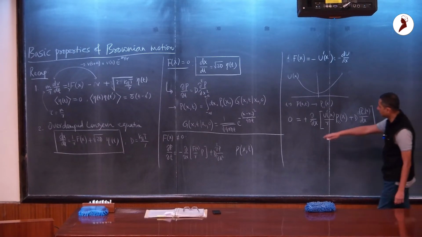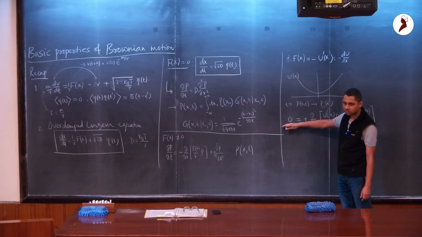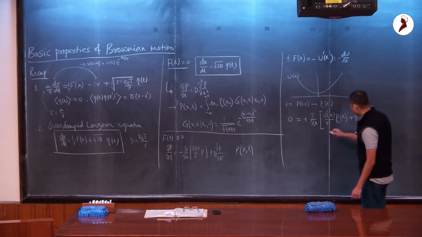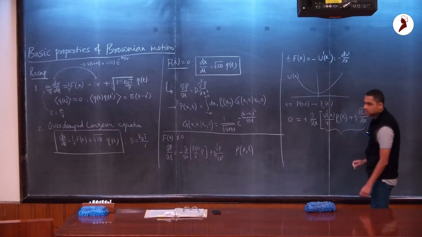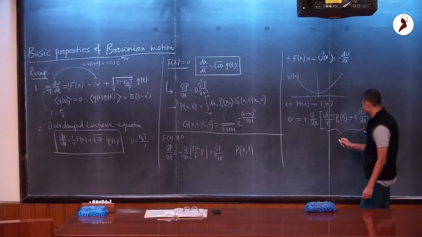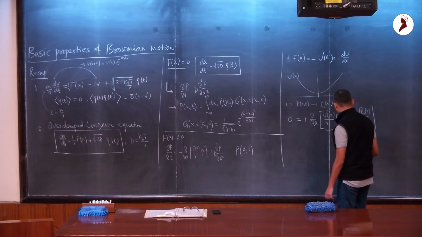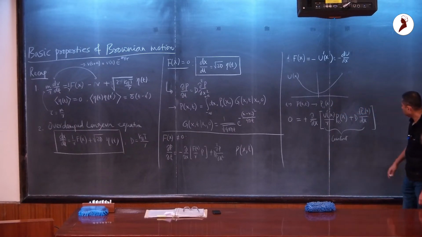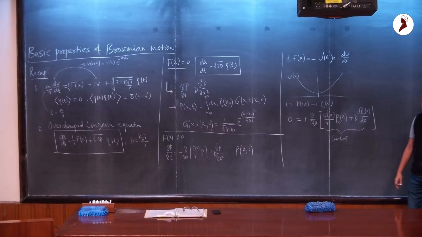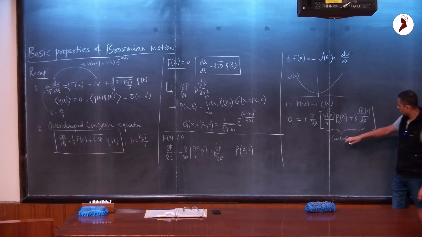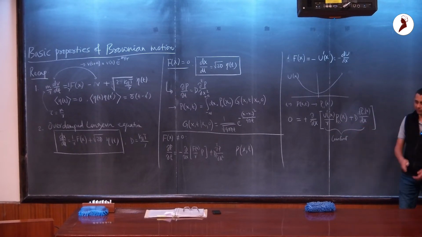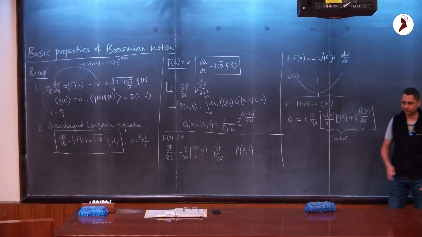Now this left hand side is 0. That means that this quantity is a constant, the same everywhere. So let's see what this function is at infinity.